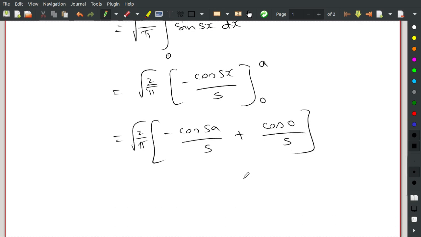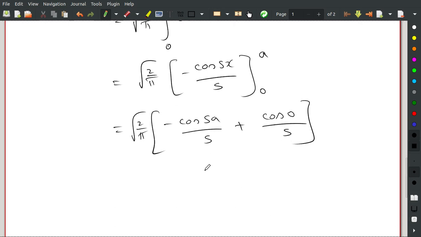Cos of 0 is 1, so we can take this s as common, and we have 1 minus cos sa. So this is the answer.